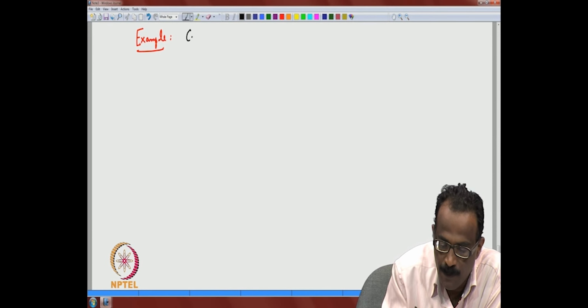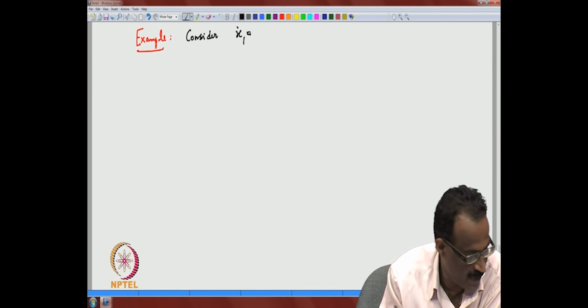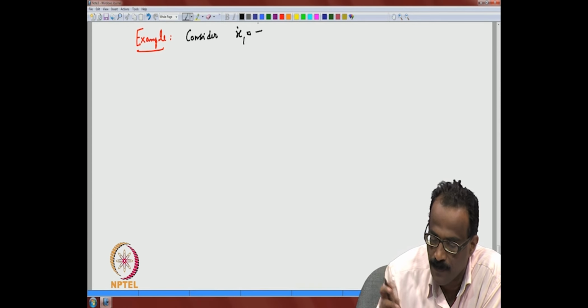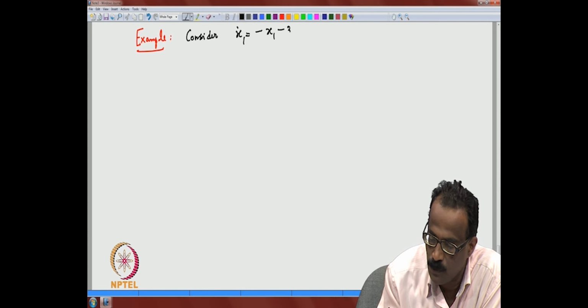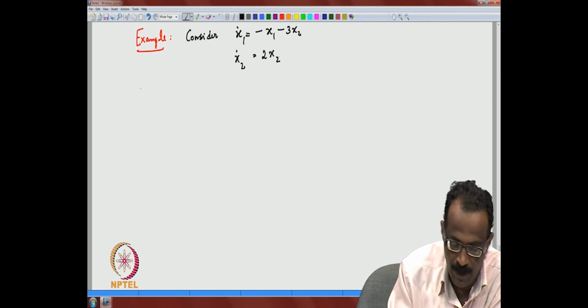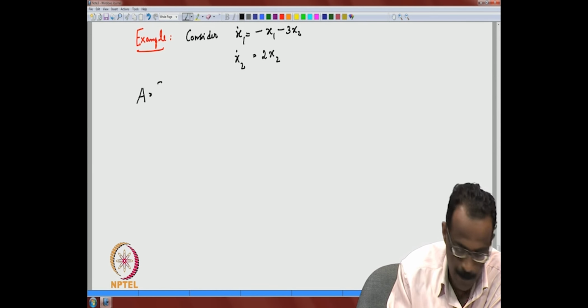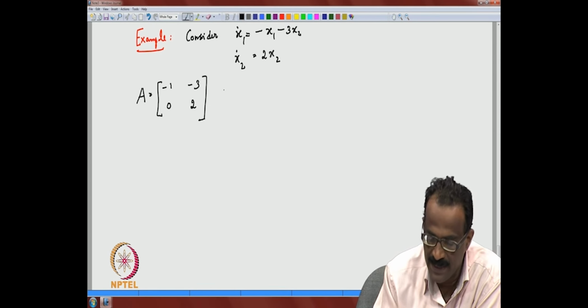Consider a system, let me write it down: x1 dot is equal to minus x1 minus 3x2, and x2 dot is equal to 2x2. So, part of it is an exercise also. Your matrix A is nothing but minus 1, minus 3, 0, 2. This is your A.